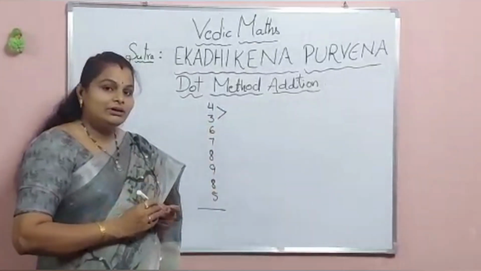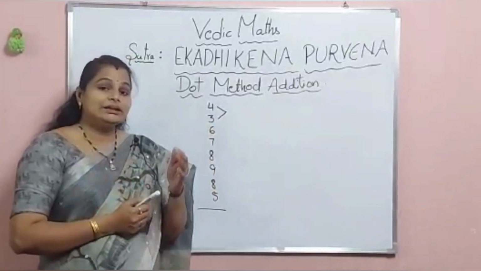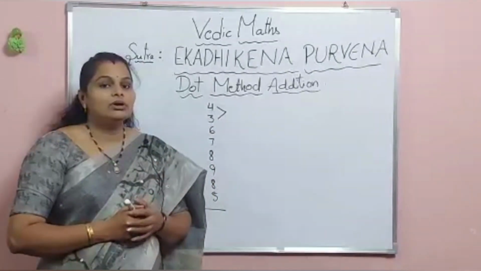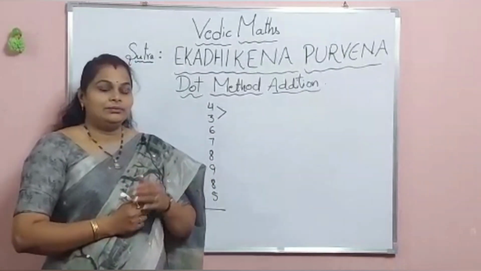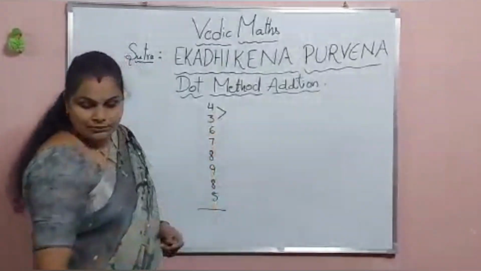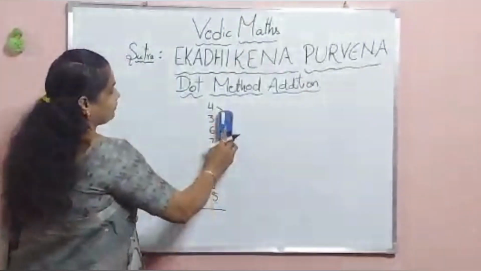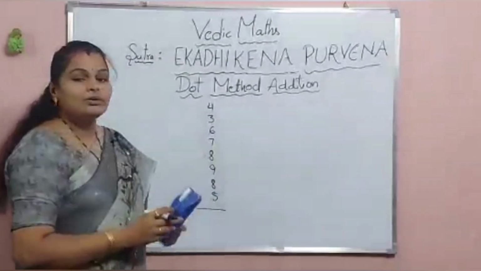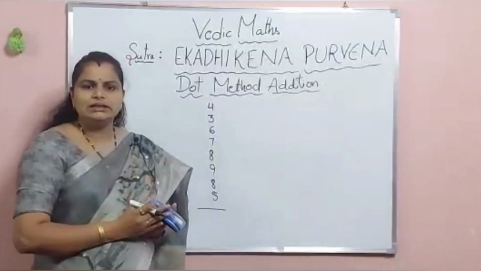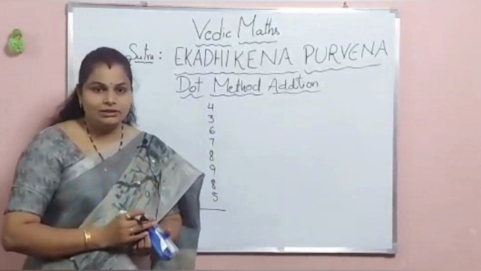Whenever you are adding numbers, if the answer comes as a double digit number, we need to drop the tens place digit. Let us see. Here 4 and 3, the answer will be 7. 7 is a single digit number, so no need to keep any dot.